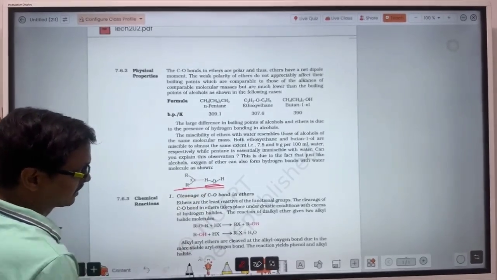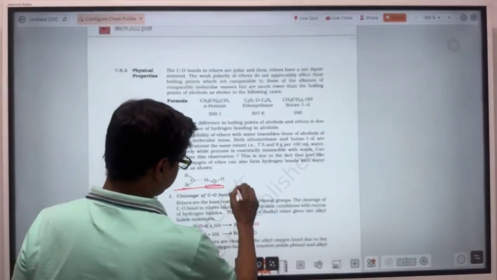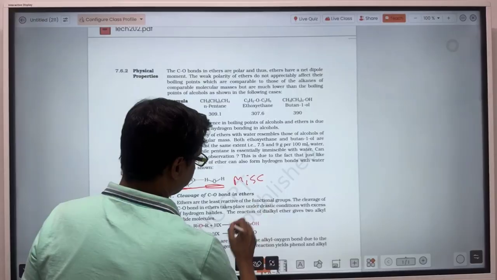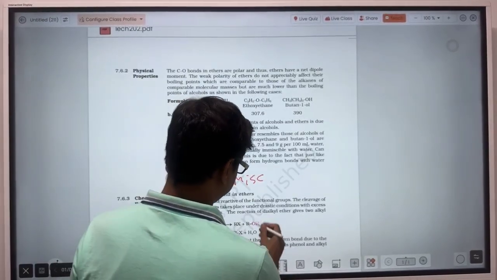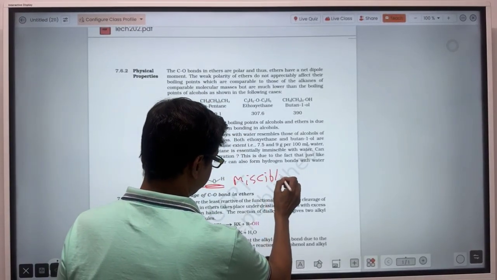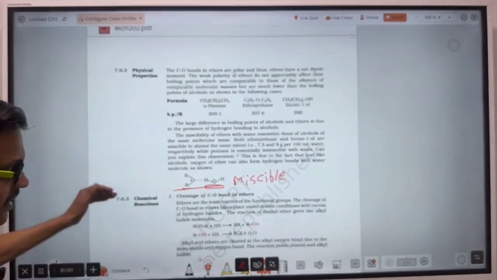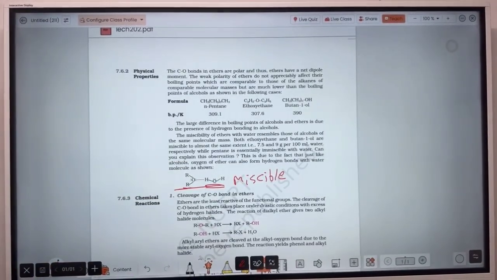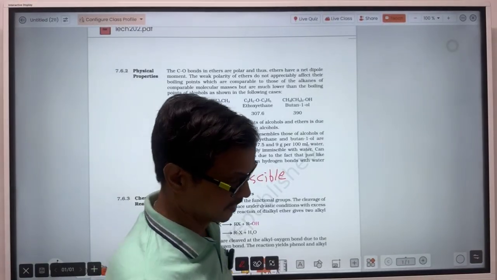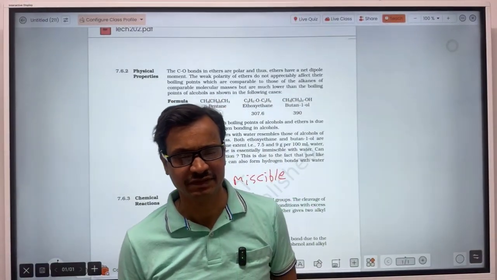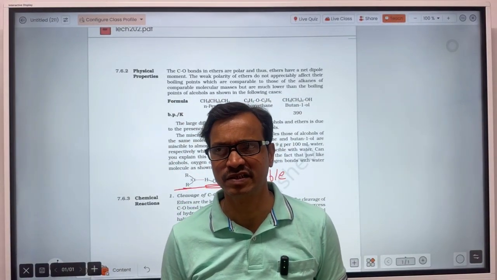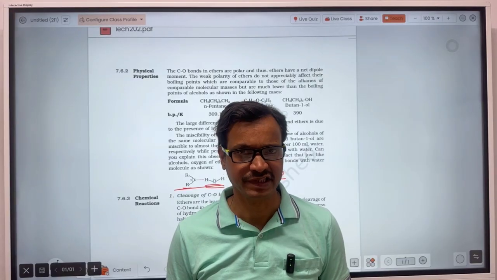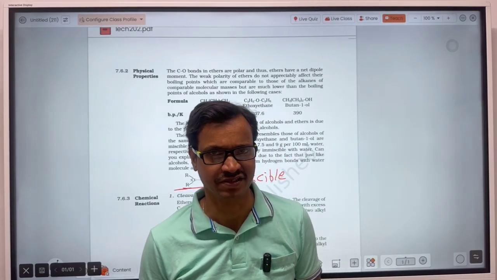So that's why ether is slightly miscible in water. And if the length of the carbon chain increases, it will become immiscible. Higher ethers having higher molecular weight will be immiscible in water, but ethers having less molecular weight will be miscible in water.